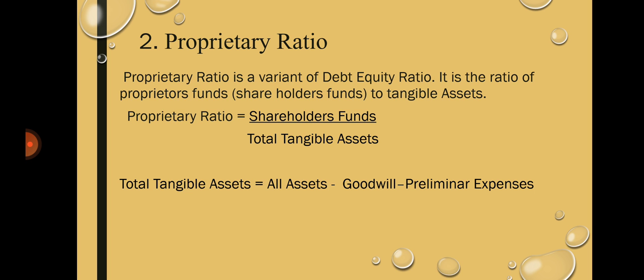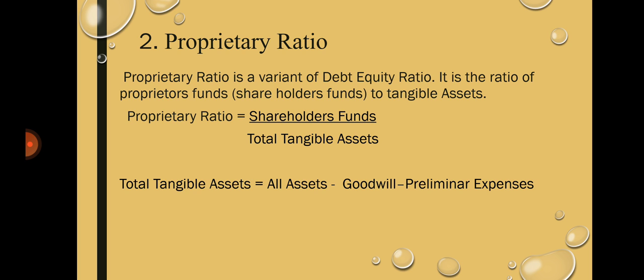Next one, the second solvency ratio, is proprietary ratio. Proprietary ratio is a variant of debt equity ratio. Okay, it is the ratio of proprietors funds, that is shareholders funds, to tangible assets, and the formula of proprietary ratio is equal to shareholders funds divided by total tangible assets.